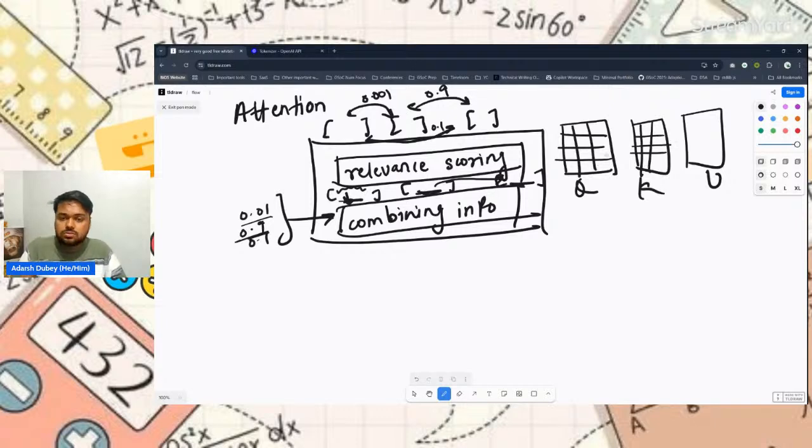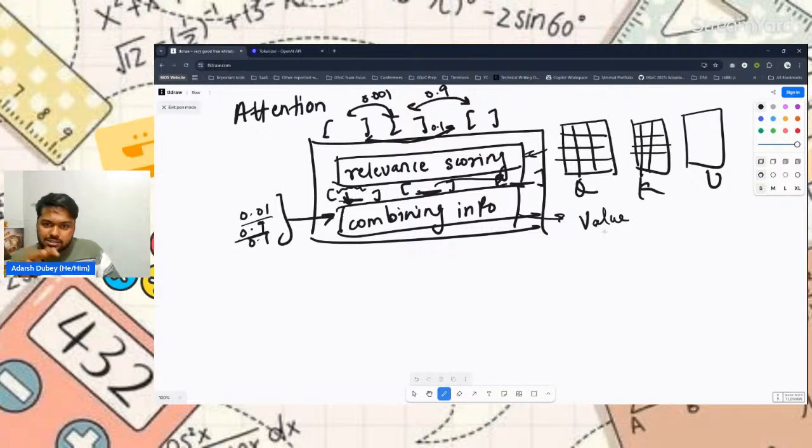We're not really going to dive deep into how these two matrices are used, but the query matrix and the key matrix are used in relevance scoring. So it makes relevance scoring based on the query and key matrices, and combining info is done with the value matrix.